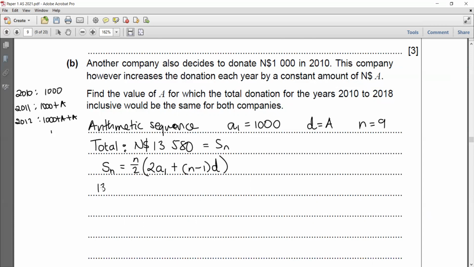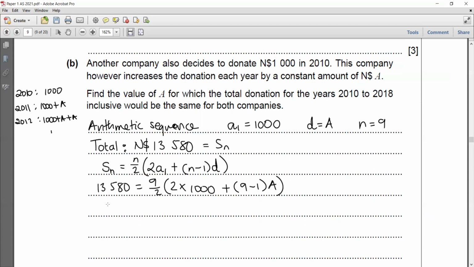So we have 13,580. This is n divided by 2. Then we have 2 times A1, which is 1,000. Then n minus 1, this is 9 minus 1. And then our common difference, A. So we're trying to solve for A here.